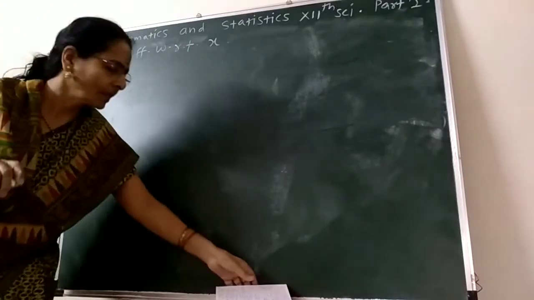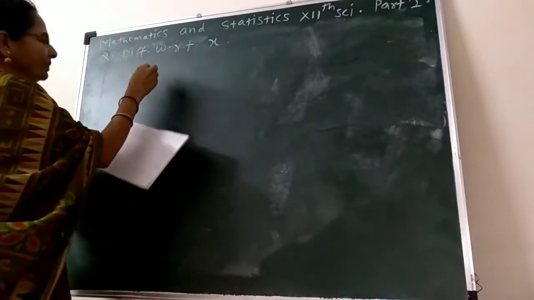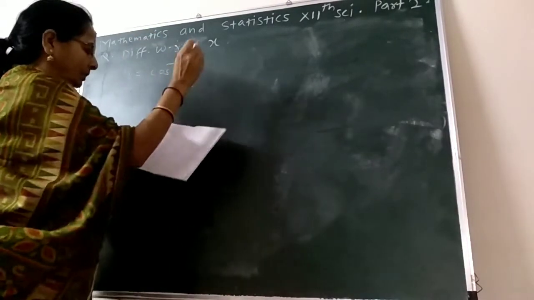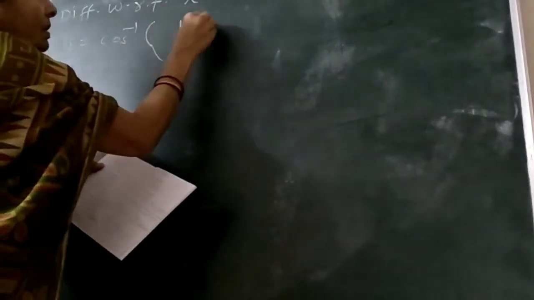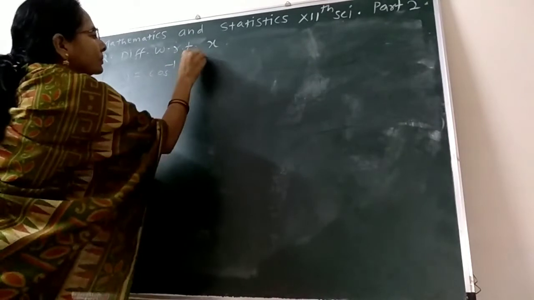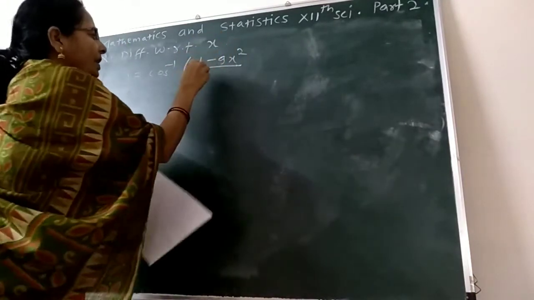Next, y equal to cos inverse of 1 minus 9x square upon 1 plus 9x square.